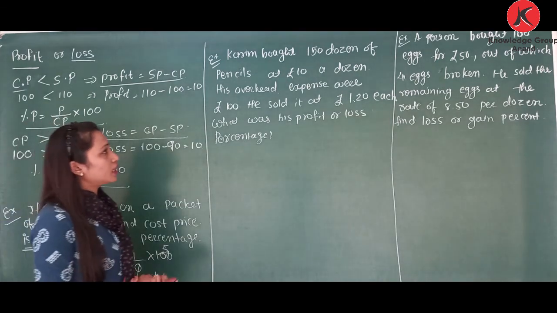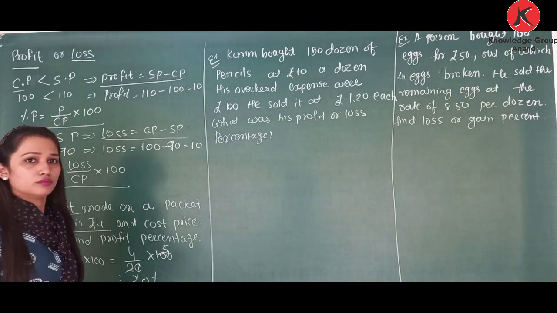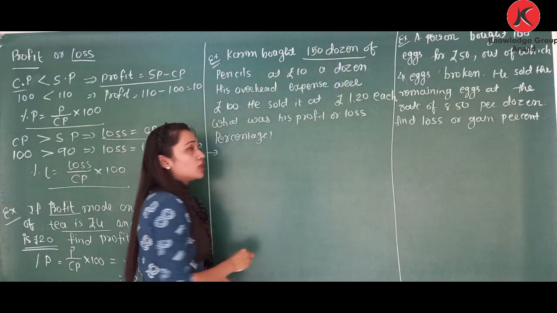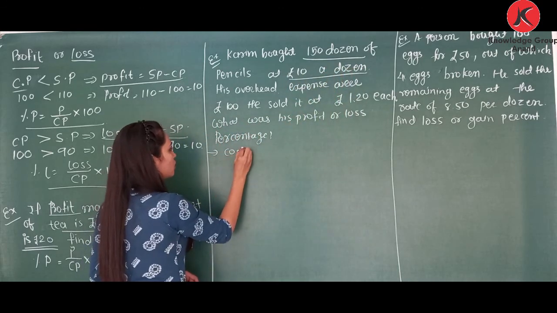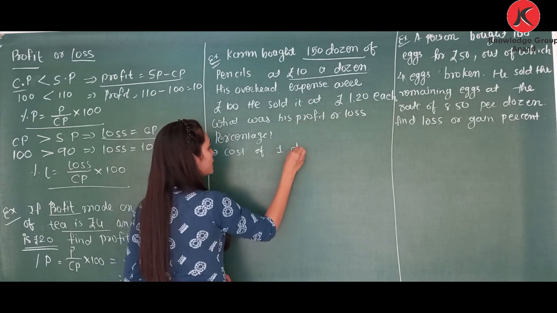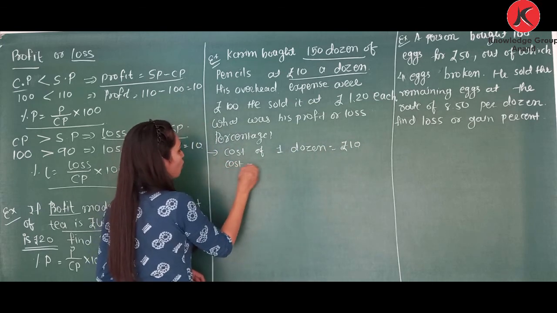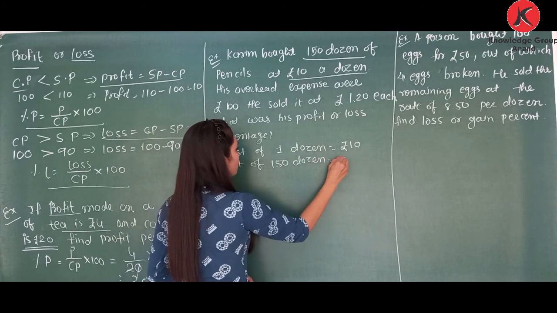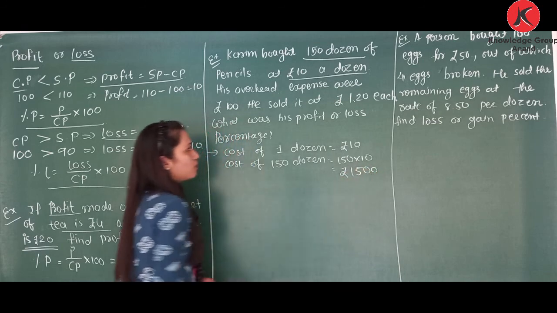Next, Karin bought 150 dozen pencils at 10 rupees a dozen. Here he bought 150 dozen, and the cost of 1 dozen is 10 rupees. So the cost of 150 dozen is 150 multiplied by 10, which is rupees 1500.